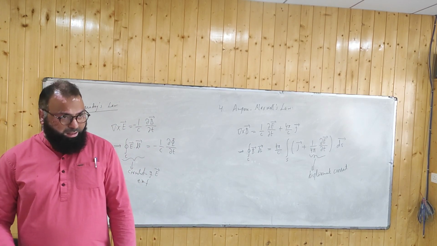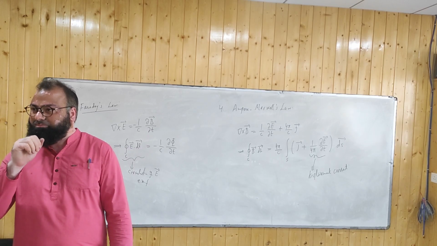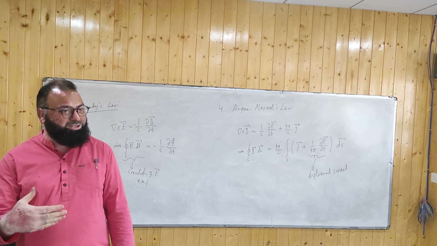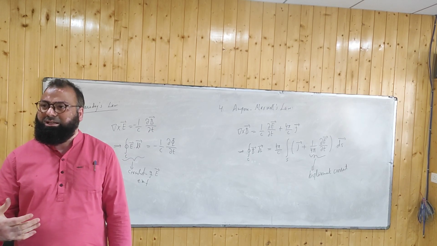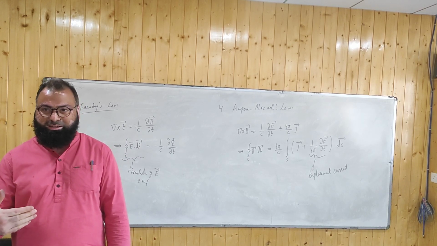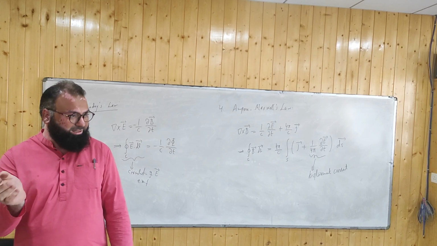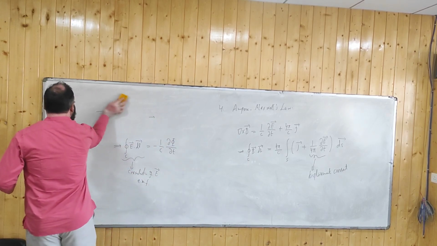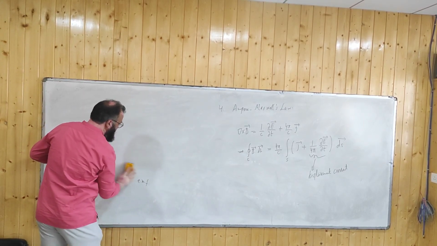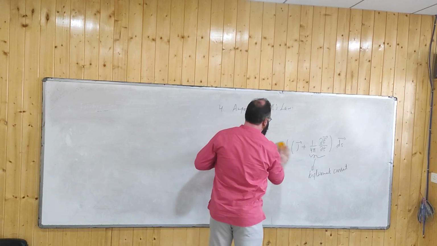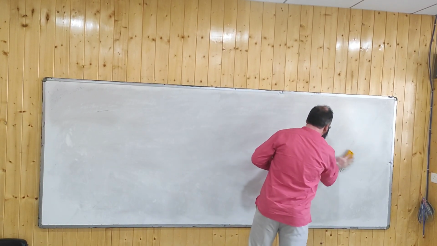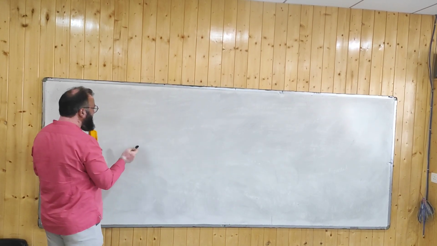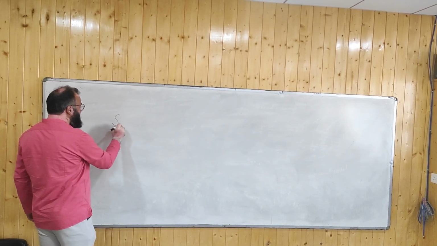Clear? You got my point. So in a given action for the electromagnetic field, they should not be linear order. Because if I vary, let's form a differential equation from the action. Let me write it. Suppose, let's write the action for the EM field.